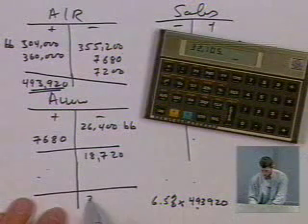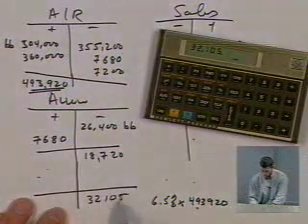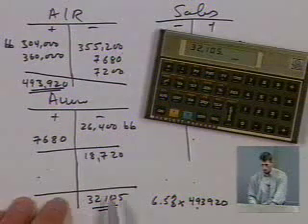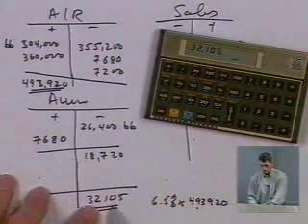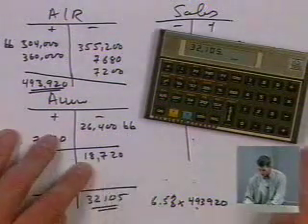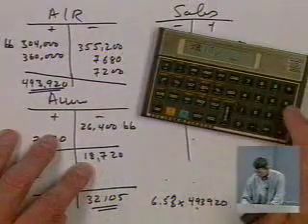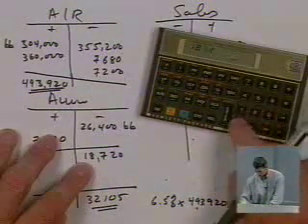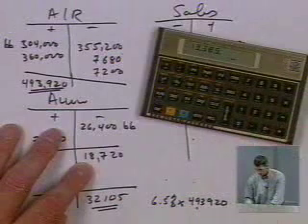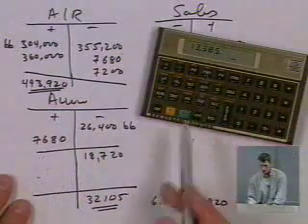So the ending balance should be 32,105. Now, in order to go from 18,720 up to 32,105, we subtract 18,720 from 32,105, and we get 13,385.